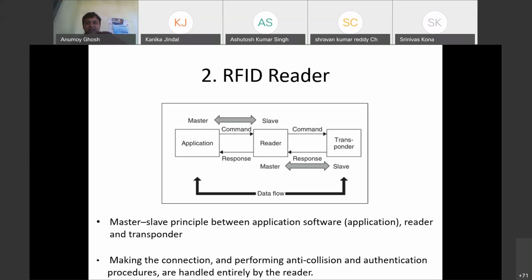That is the response. The information is given to the reader. The reader reads it, and then passes that information to the master computer for further processing. So this is the workflow of the reader and the tag. Okay, so according to the workflow, the reader will be designed.